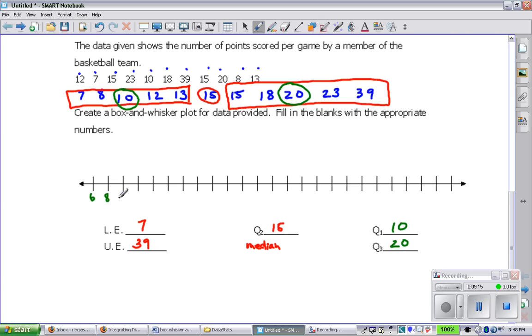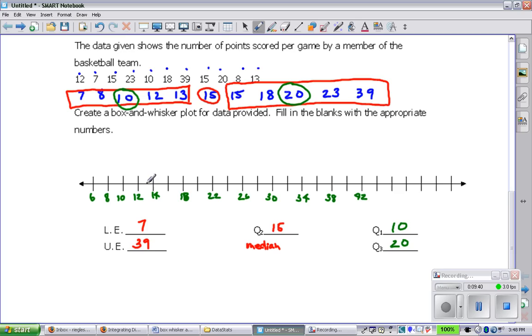So 8, 10, 12, 14, 16, 18. I'm going to start skipping. Whoops, that's 18. 20, 22, 24, 26, 28, 30, 32, 34, 36, 38, 40, 42.